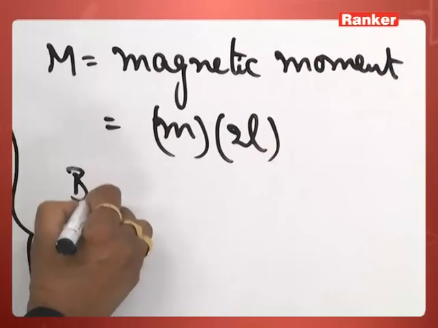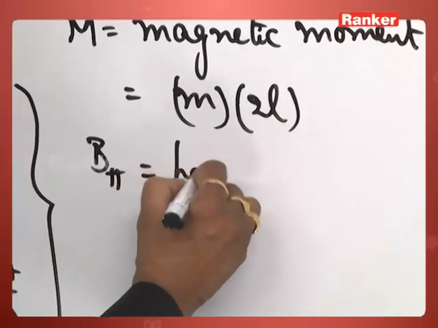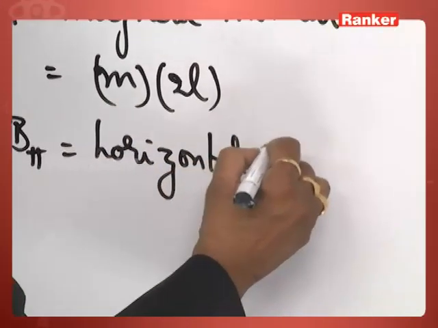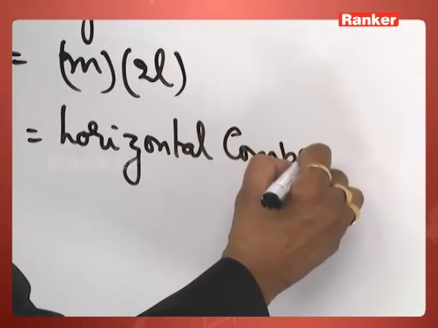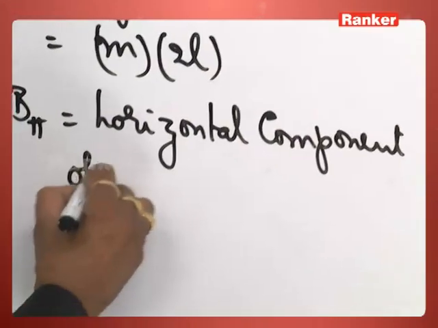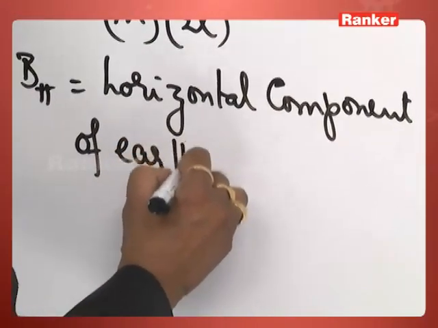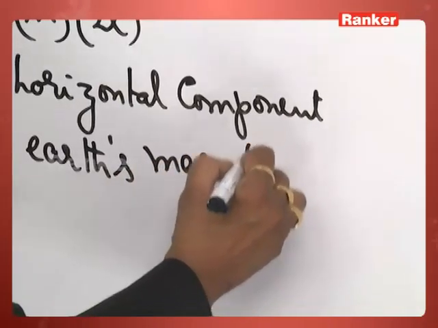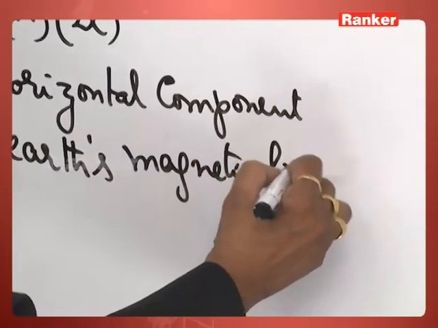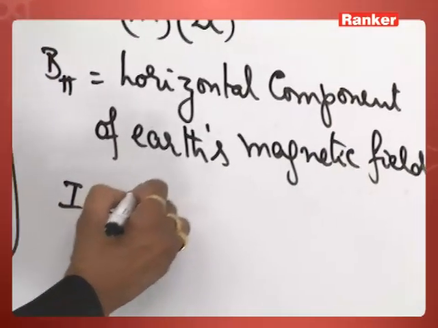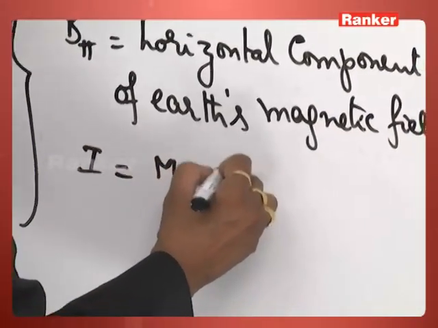And BH we call the horizontal component of Earth's magnetic field. And what is this I? It is the moment of inertia.